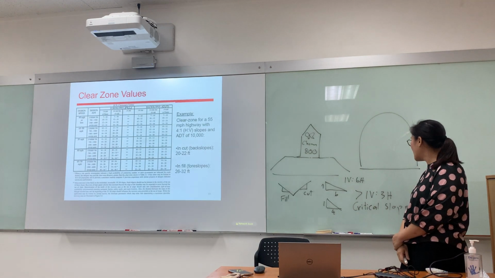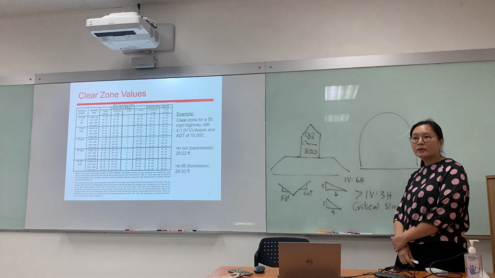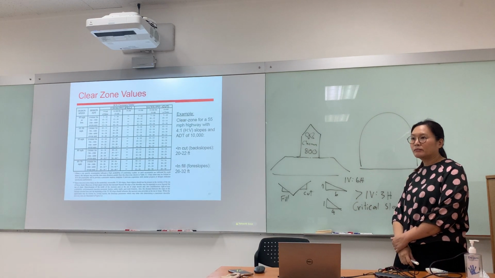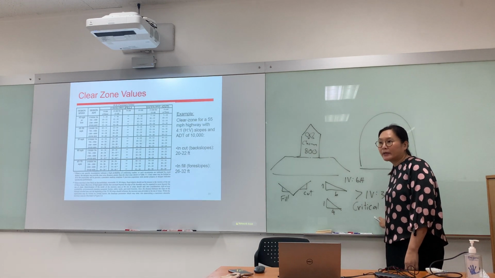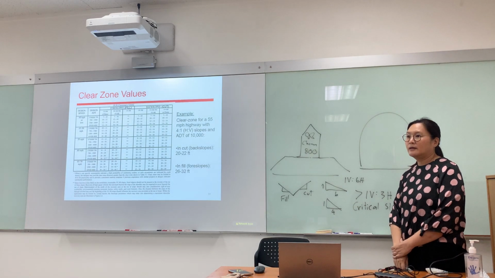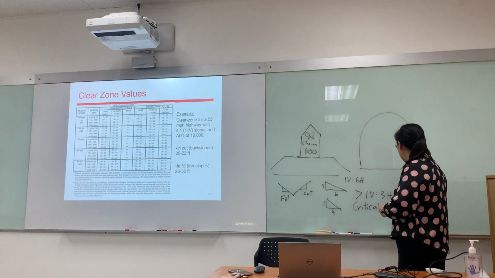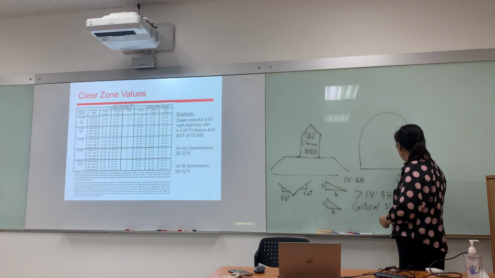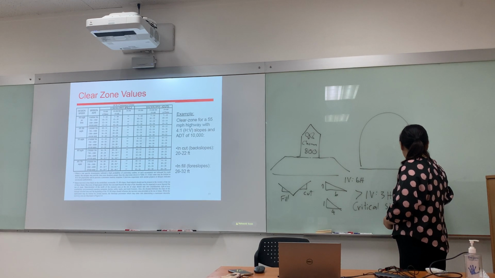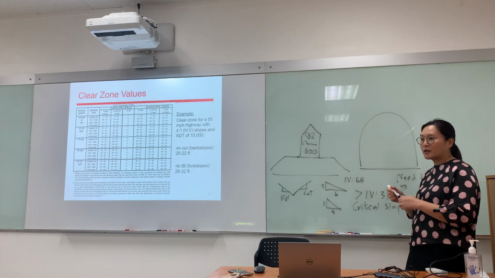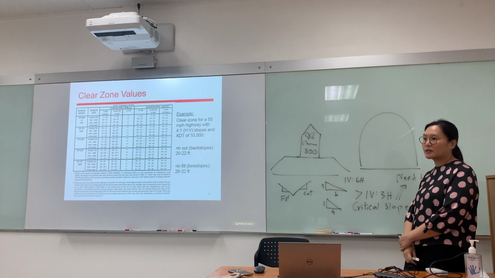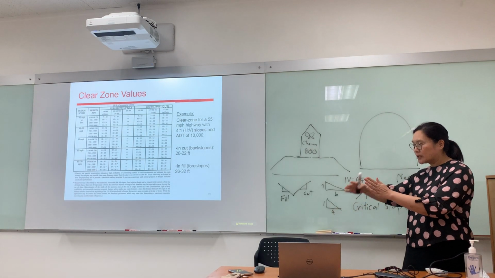What is critical slope? No need to provide a clear zone because you must install the barrier only. So you need a barrier. No need to find a clear zone for this because you need to install the barrier, since the slope is so steep.